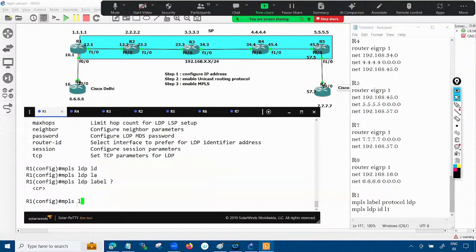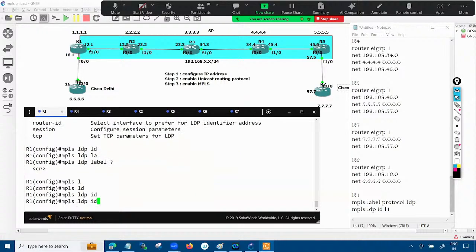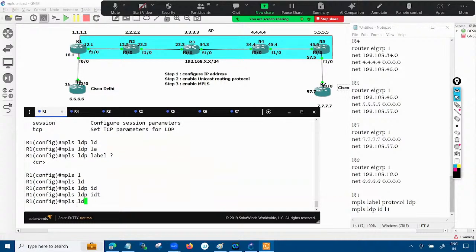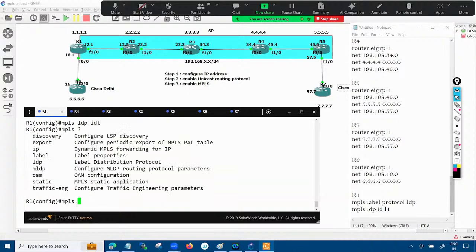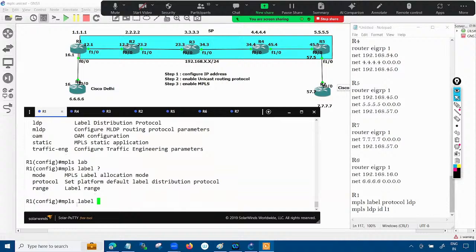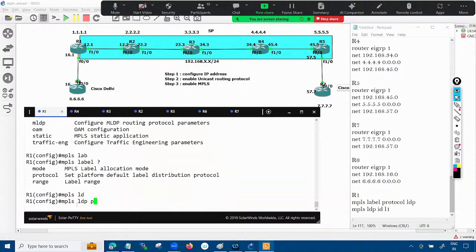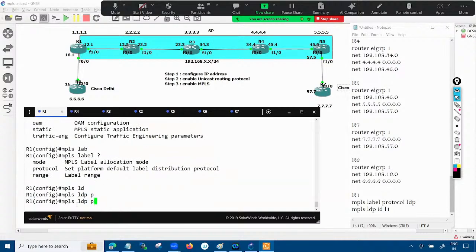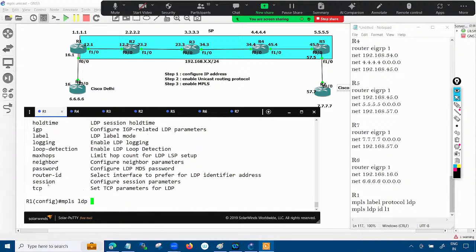The other command I forget, man. LDP router ID. Sorry. Yeah, it's a router ID. So loopback number one.